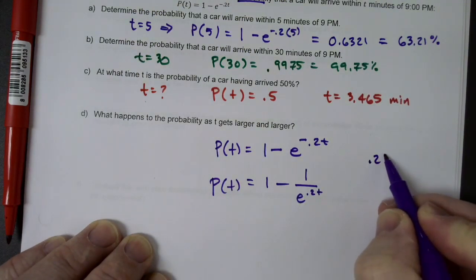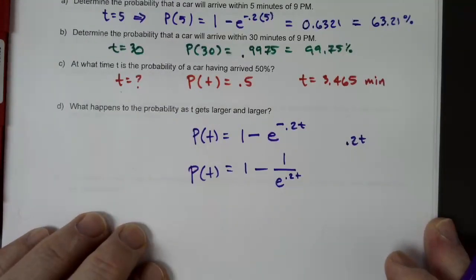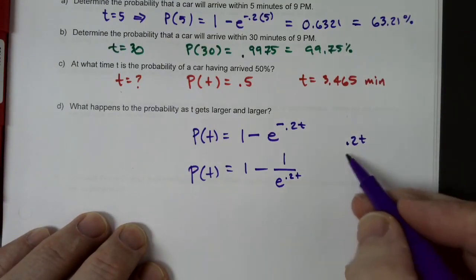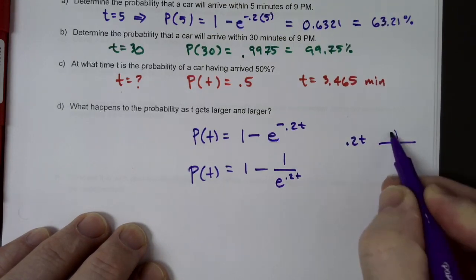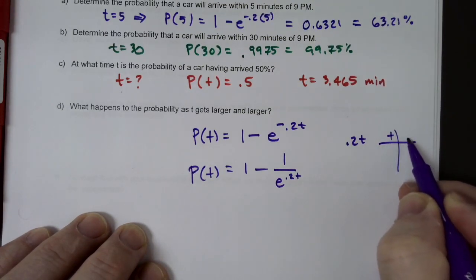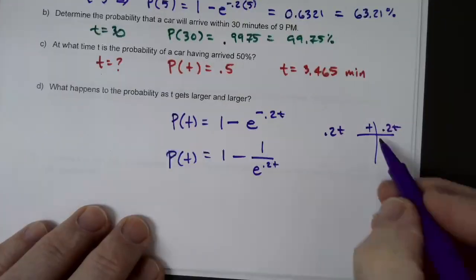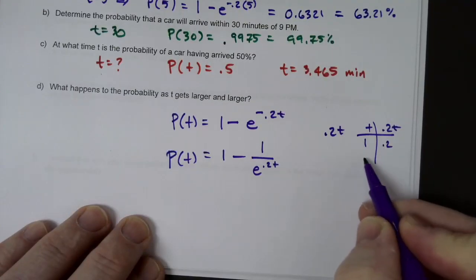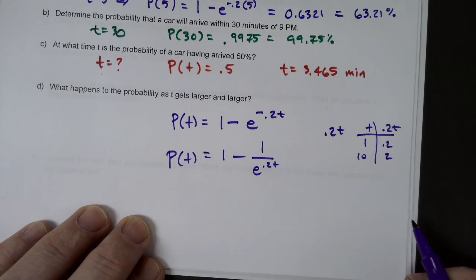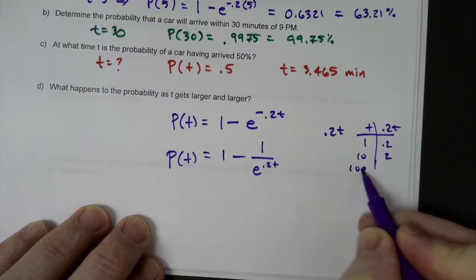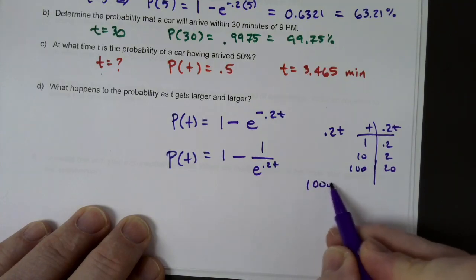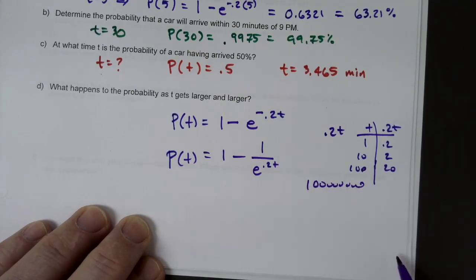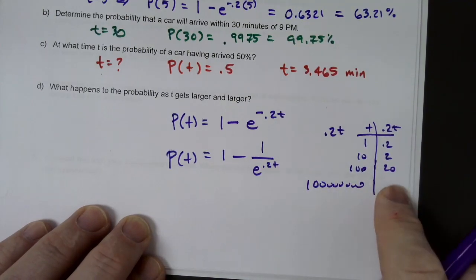Even though it's 0.2 times t, if t equals 1, we'll get 0.2. If t is 10, we're going to get 2. If t is 100, we're going to get 20. Now think about a really, really big number here. Can you see where this is going to get bigger and bigger?